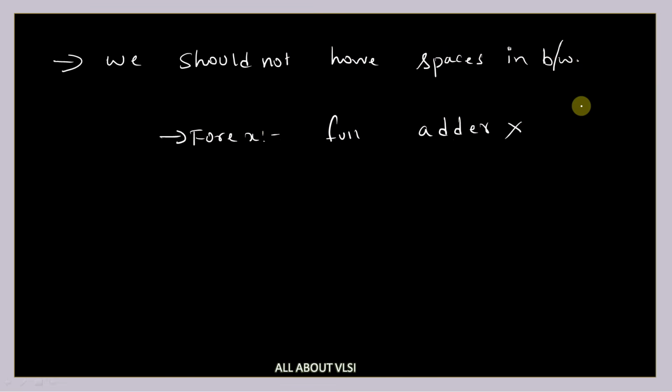Okay. But we can use underscore. For example, full underscore adder. This is correct. If you want to insert some space, then use underscore. Okay. And you should not use any special characters. Okay. We should not use any special characters.